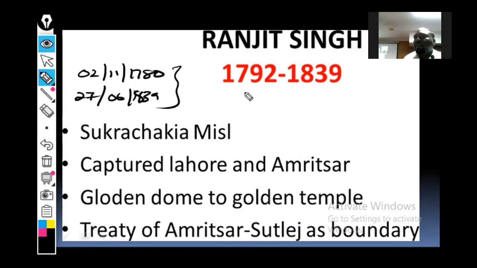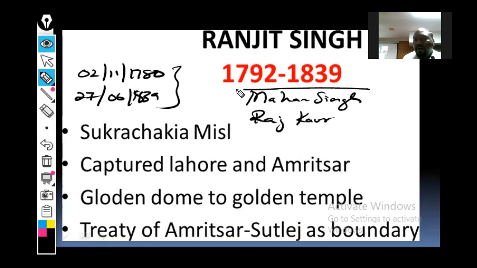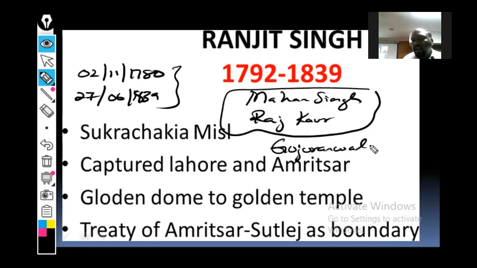Ranjit Singh's father's name was Mahan Singh, and mother's name was Raj Kaur. He was born in a place called Gujranwala, in the Punjab province of today's Pakistan.